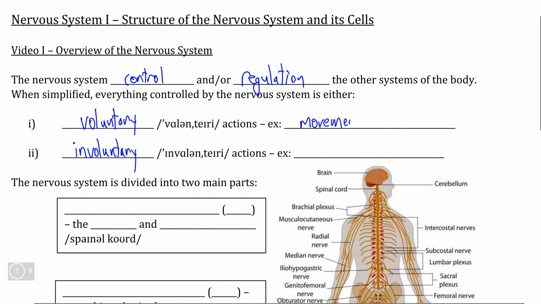Many examples of movement that we control, moving our arms and moving our legs, even moving our breathing muscles when doing very strenuous exercise, are examples of voluntary control. However, not all examples of voluntary control involve muscular movement. All of the thoughts that you directly choose to think about are also examples of voluntary control.